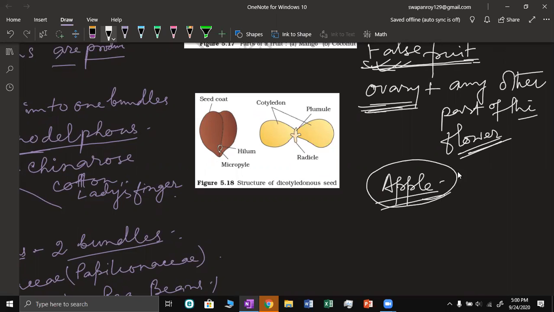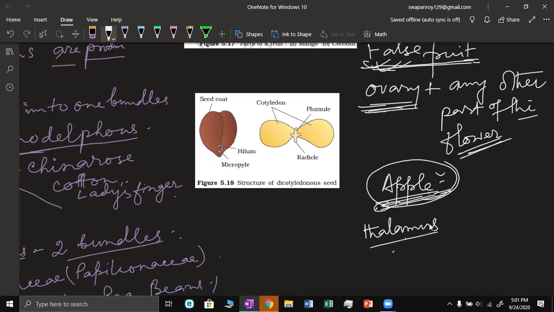What happens in the case of apple? I think you remember that in apple the flower is epigynous. In an epigynous flower, the ovary is completely covered by the thalamus, and the thalamus and the ovary are fused together.